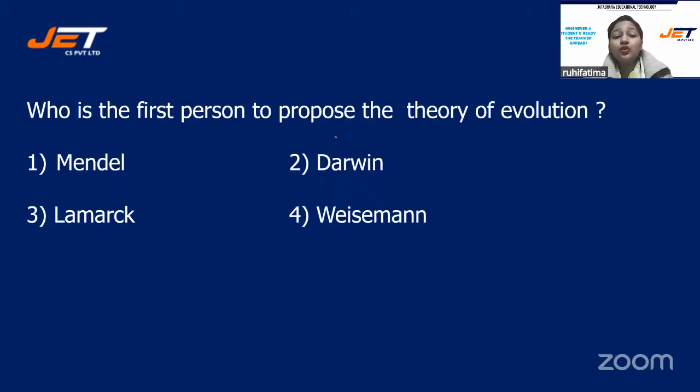Next question. Who is the first person to propose the theory of evolution? And your options are option number 1, Mendel, option number 2, Darwin, option number 3, Lamarck, or option number 4, Weismann?